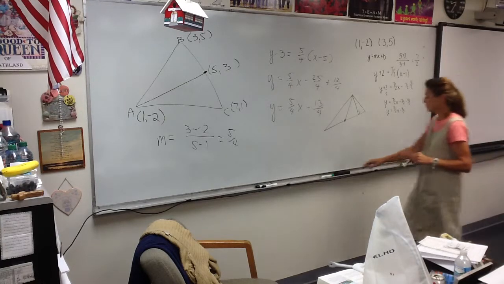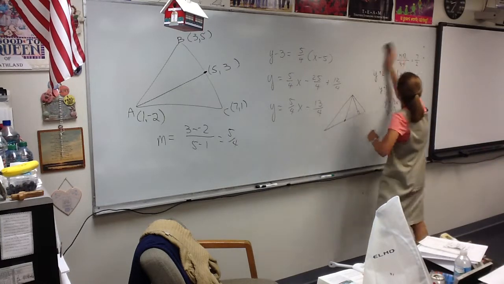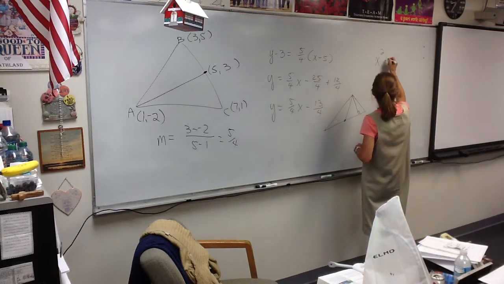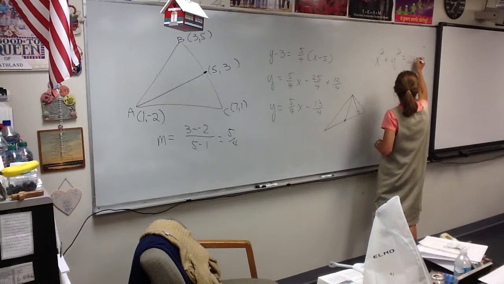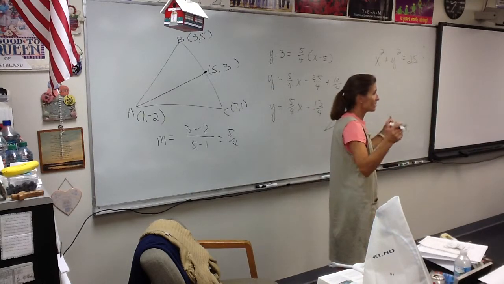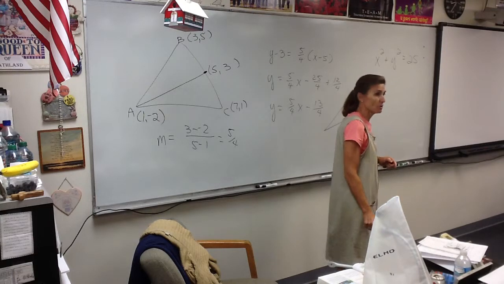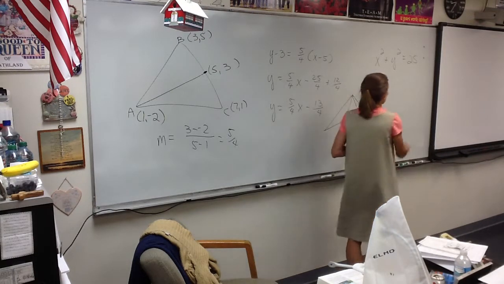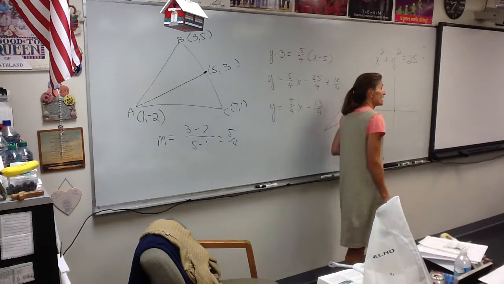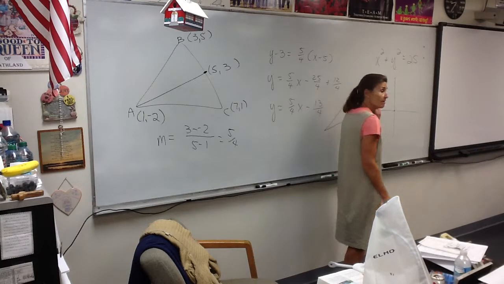Now let's gather our thoughts. Some of you are freaking out because it's like, what is she talking about? What's x squared plus y squared equals 25? Whoa, this is yesterday. We're supposed to know this. That's a circle. Tell me about this circle. Its center is the point 0, 0, the origin, and its radius is 5.